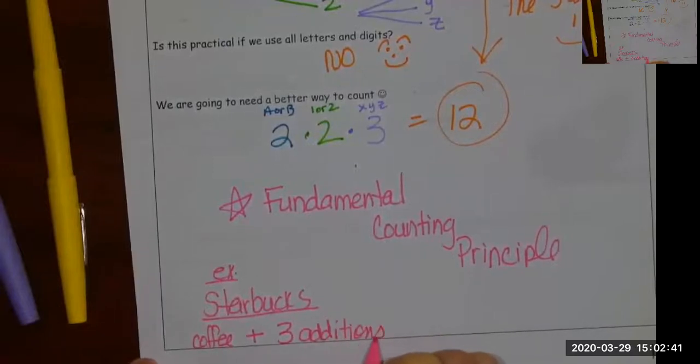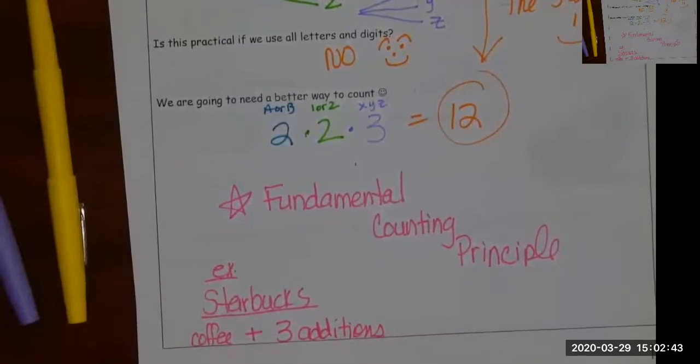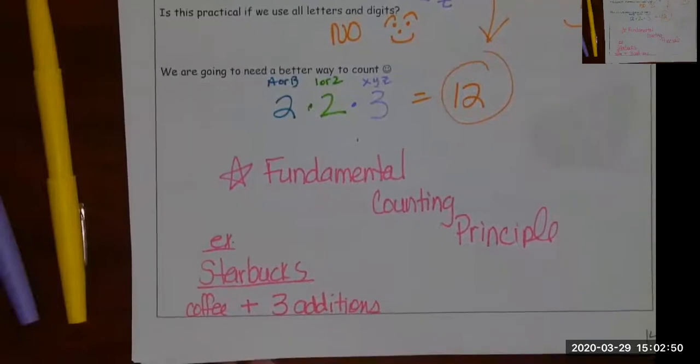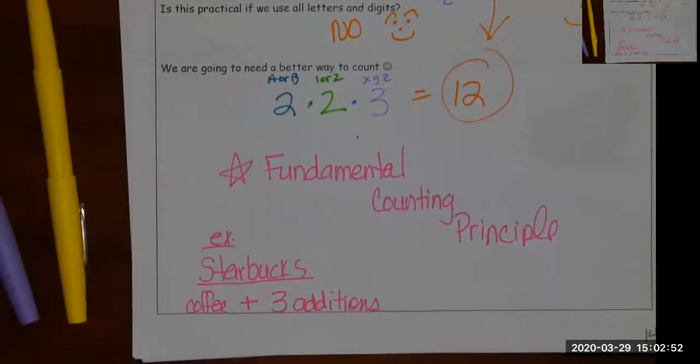I don't even know what you would call these. You can add caramel or you can get a macchiato, whatever stuff you like to get. So if I were to send you to Starbucks and tell you that you can order coffee that's got 3 other things in it, how many combinations of drinks could you order? Well, you're going to have to look this up. I don't know how many types of coffee Starbucks has, and I don't know what all their additions are. So there's a fun thing for you to look up.